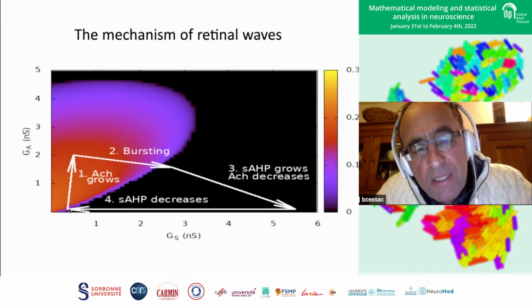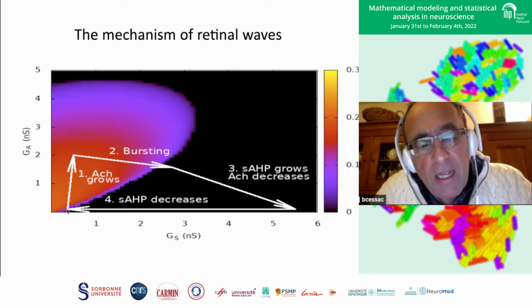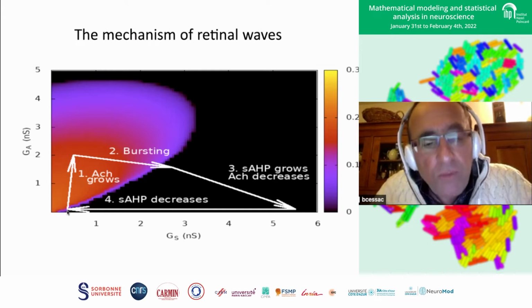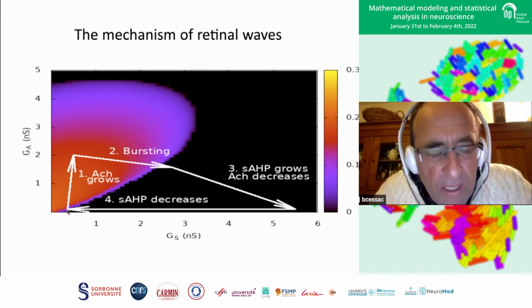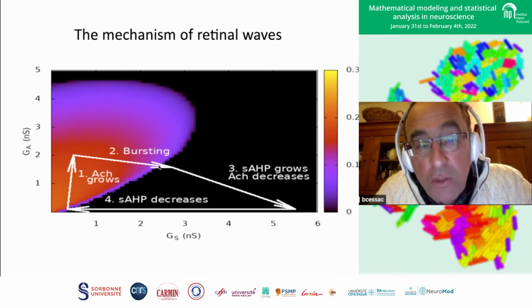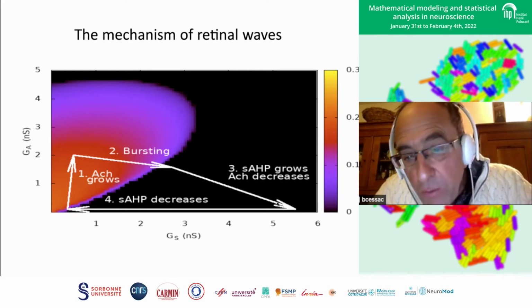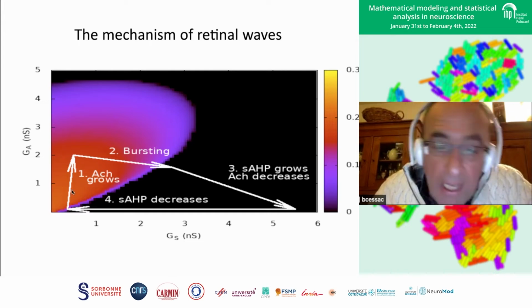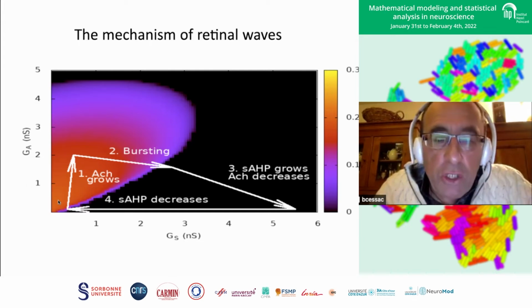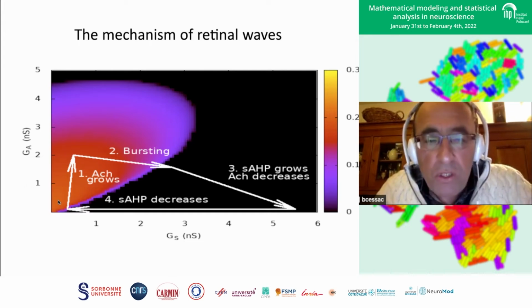Basically, the mechanism of a wave for a cell is this: assume that the cell is excited by some neighboring wave. It will enter this region and start to burst. Then it will start to produce calcium and SHP, so it will get out of the region of bursting and return back to rest. This is just a sketchy diagram, just to make you understand the general mechanism.